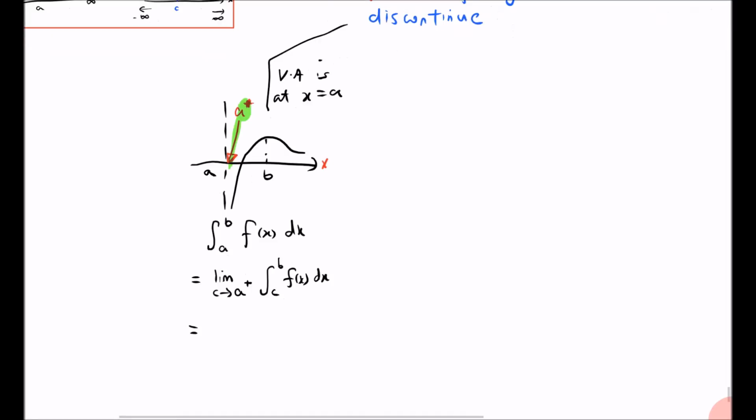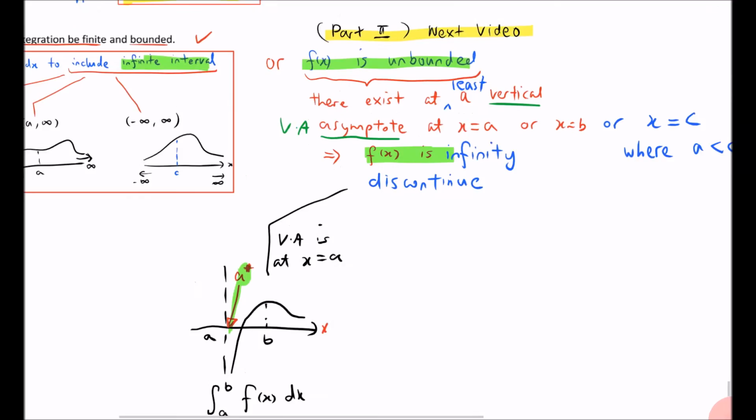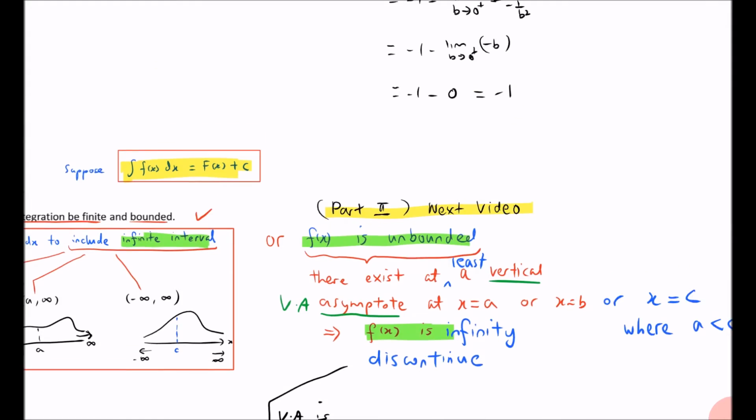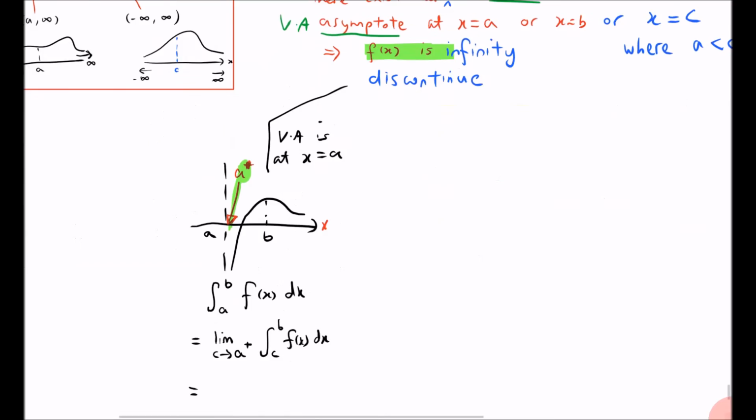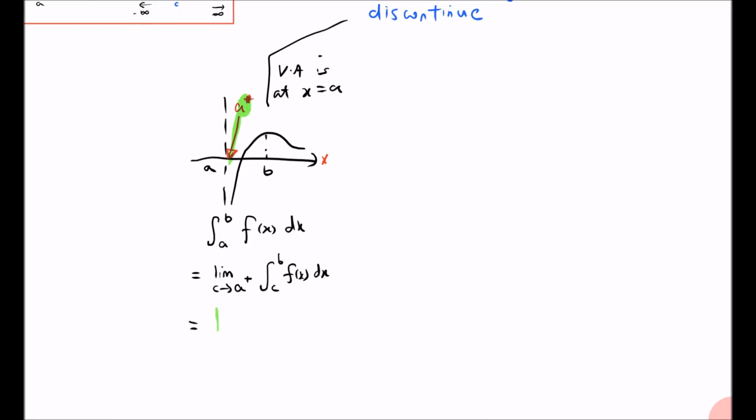With this in mind, we know that integrating f(x) gives capital F(x), your indefinite integral. So limit c approaches a plus, square bracket F(x) from c to b.